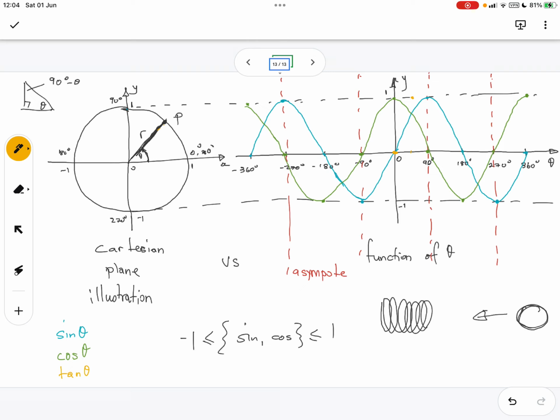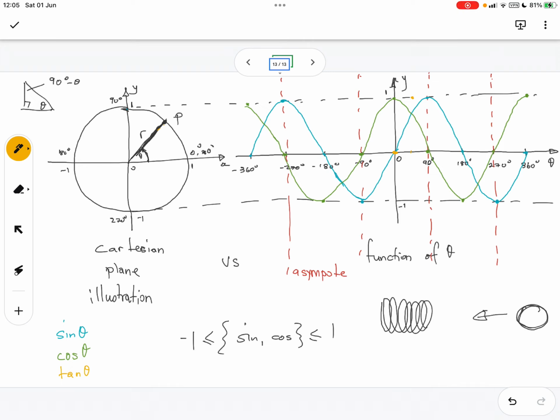Let's do tan of 46. It's 1.03. It's showing that it's increasing. Let's try 50 degrees. It's 1.191. So it's definitely increasing. There's an upward trajectory. After tan of 45, we go above 1.